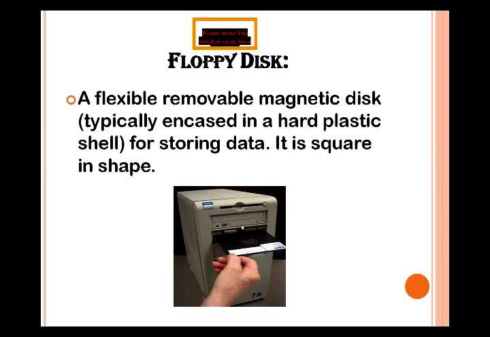That's why it is a removable magnetic disk. It is typically enclosed in a hard plastic shell, as you can see, and it is used for storing data. It is square in shape.